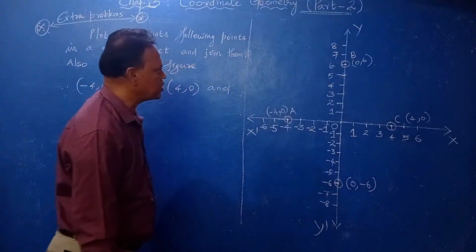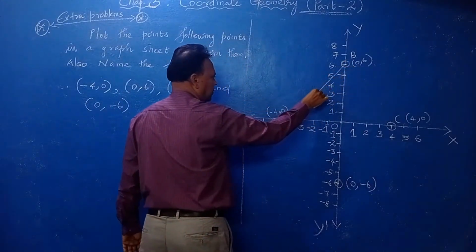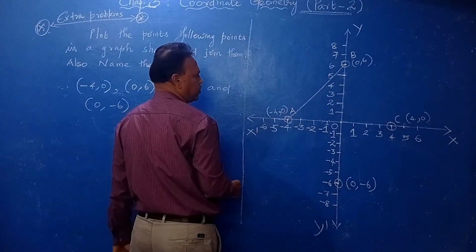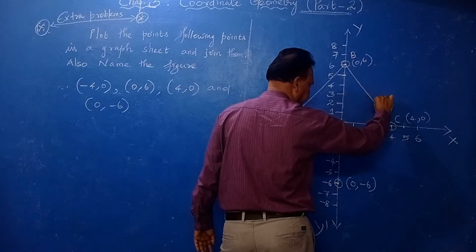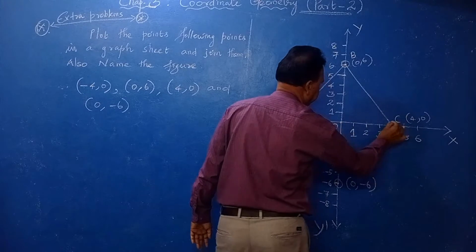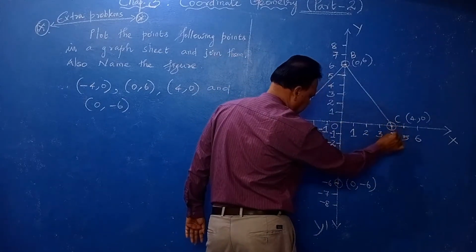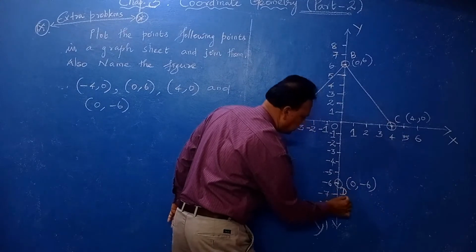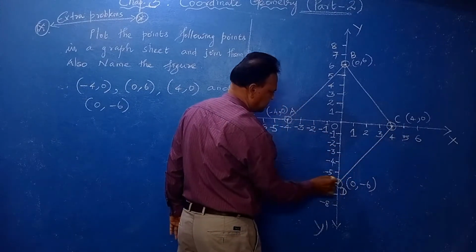Then all the points you should join. Point to point correctly you join. A to B join. Then B to C. Then C to D, name this as D. Correctly point to point join.